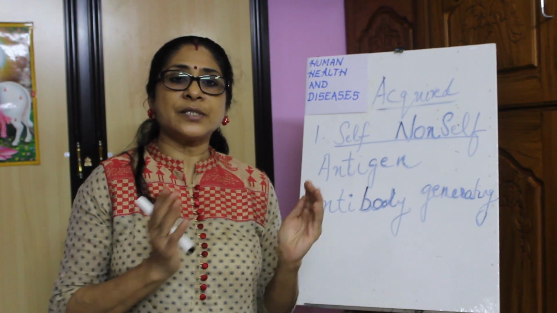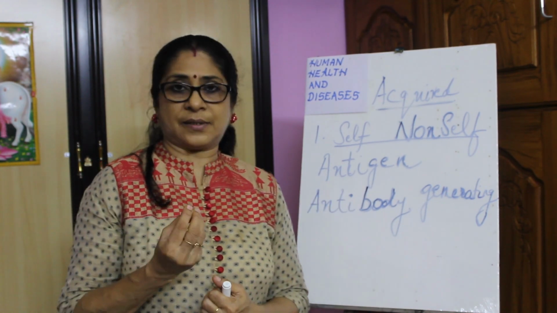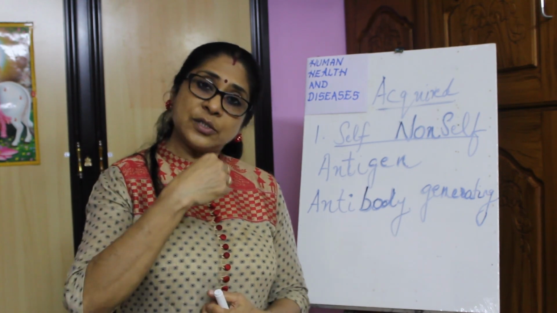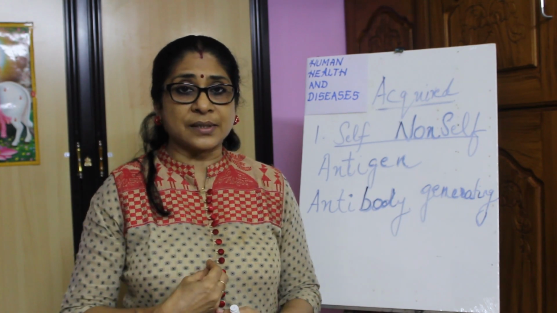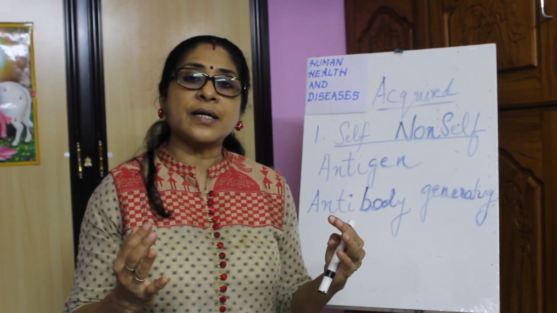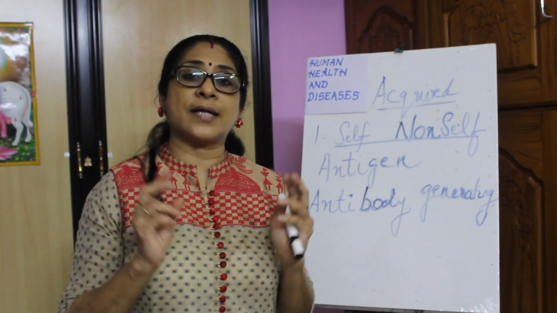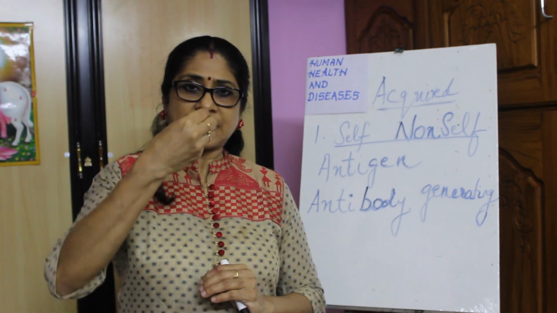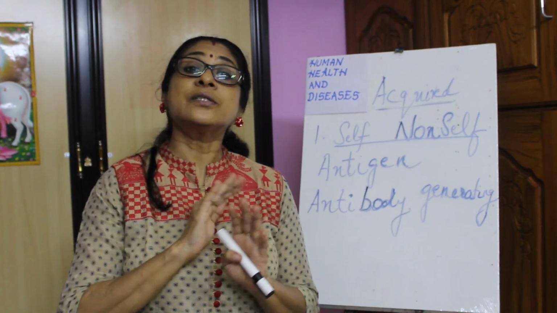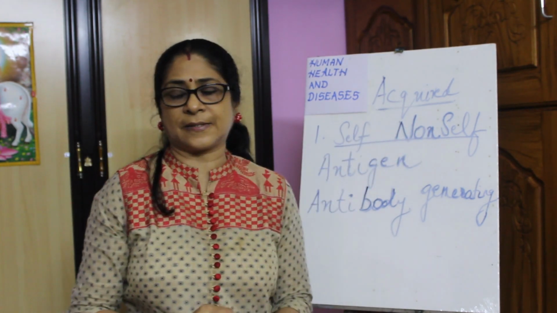Now what is the difference between self and non-self? Any substance which enters into our body, which our immune system fails to recognize as our own self, is known as a non-self substance. I hope it's clear. Substances which enter, which are not recognized, are called non-self substances.